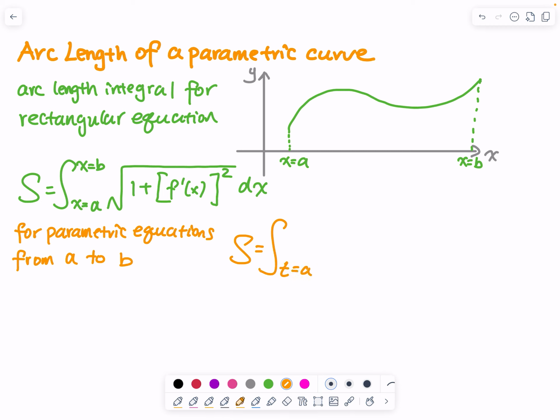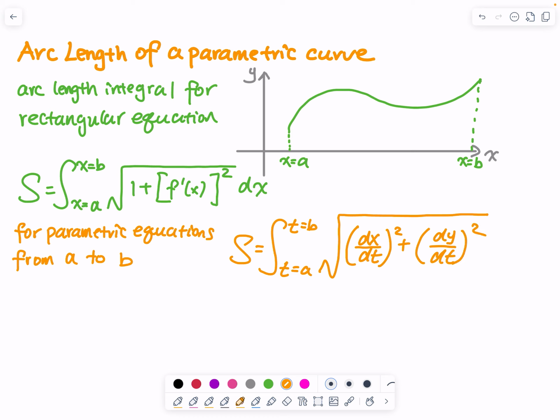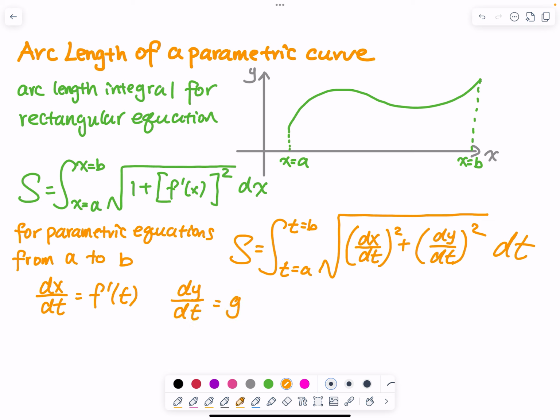That is t goes from a to b, and then we have a square root of the derivative of x with respect to t squared plus the derivative of y with respect to t squared, since x and y are now in terms of t. Since this is a plus, you can do dy/dt squared plus dx/dt squared, it doesn't matter. That is dt, and dx/dt is also known as f prime of t, and dy/dt is equal to g prime of t.